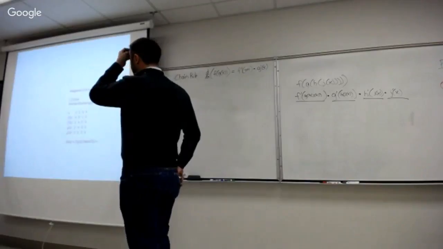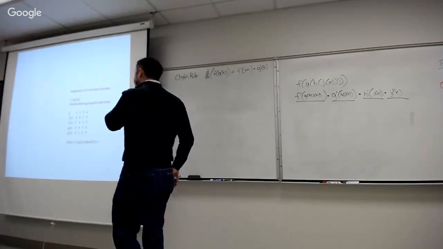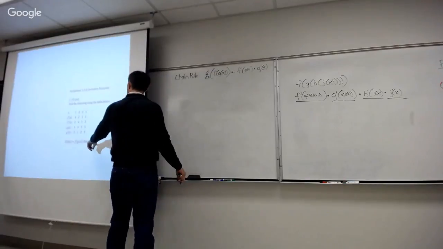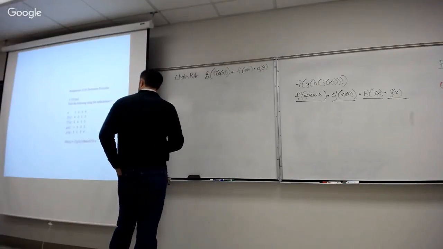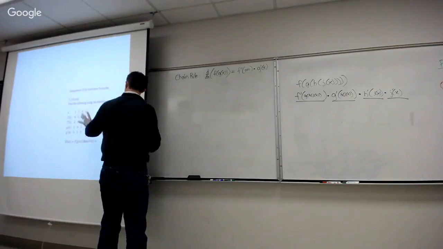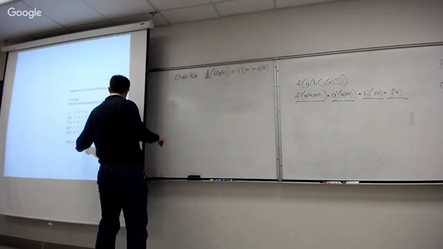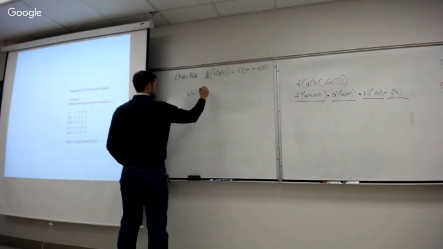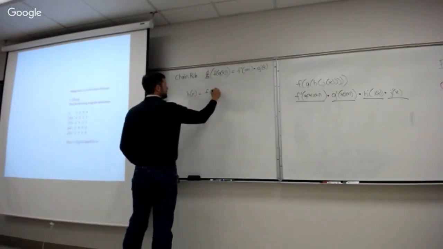Let's go ahead and take a look at this first one. It says, use the table to find h prime of 1. Before we start looking at the table, let's just consider h of x. Everyone just write down h of x is really equal to f of g of x.